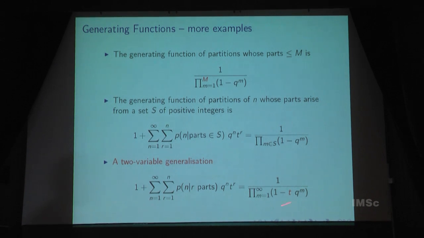And this is a fun thing. You can see that this guy produces all parts which start with q power m. So you put a t out here, and it counts the power of t given by this q power m. When you expand it out, it will tell you how many parts this term is contributing.